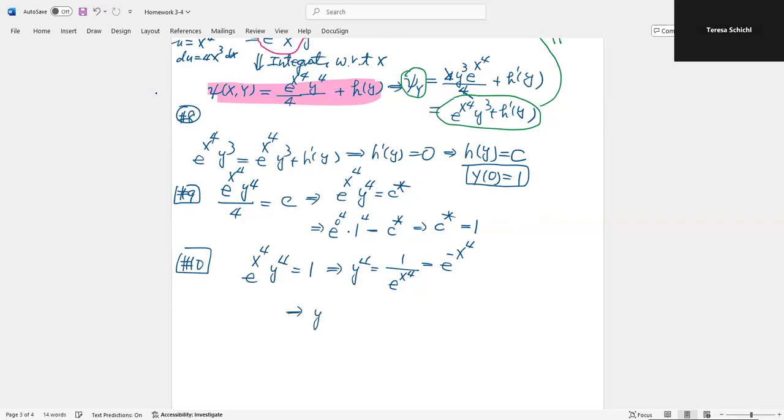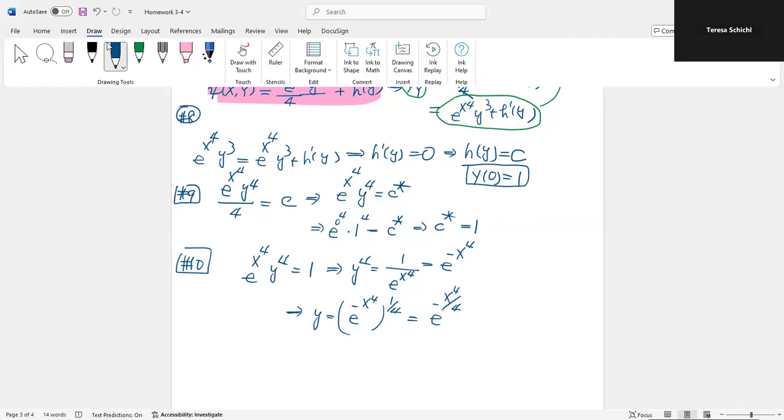So y will just be equal to e to the negative x fourth, to the fourth root. So that gives you e to the negative x fourth over 4. All right, finally we solve this. This will be our final answer here.